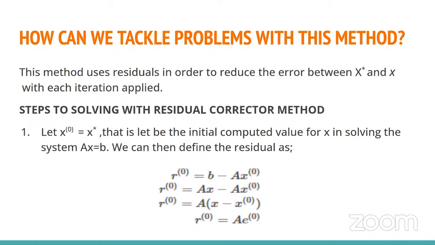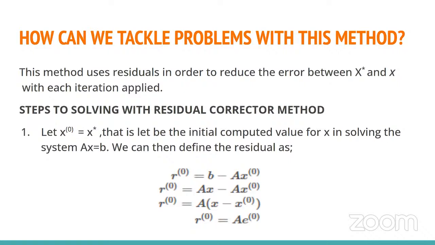That is, let the initial computed value for X in solving the system AX equals B. We can define the residual as this. So you can remember the formula R equals B minus AX. So this is R naught, the initial, equals B minus A X naught, that's the initial value we get from the Gaussian. Whatever you get from using your Gaussian or any direct method, that is going to be the value of your X naught.